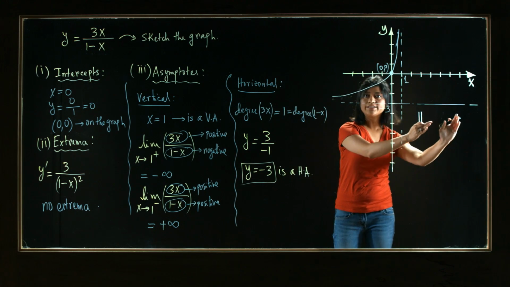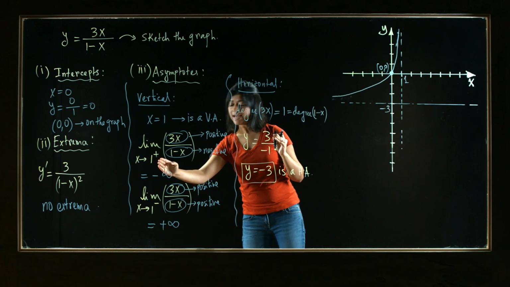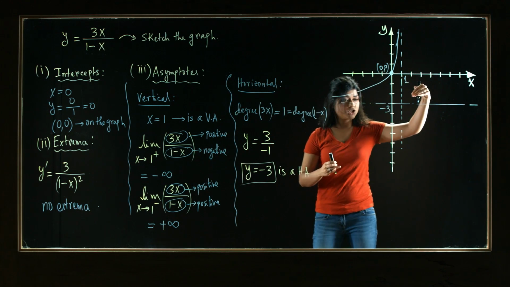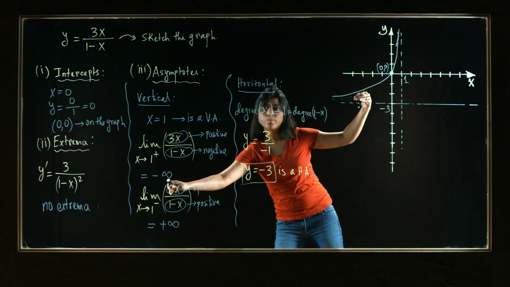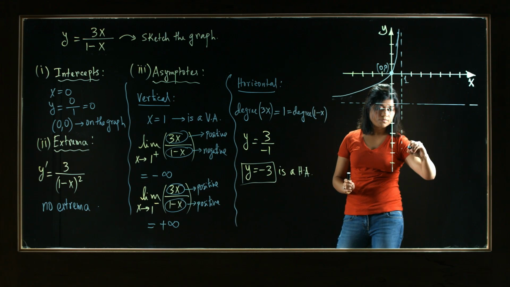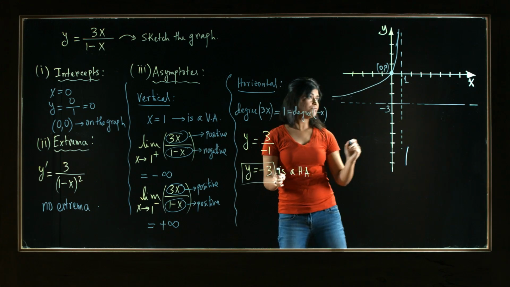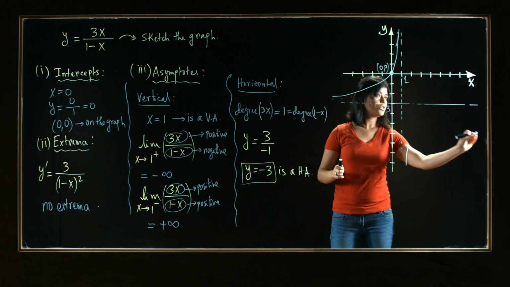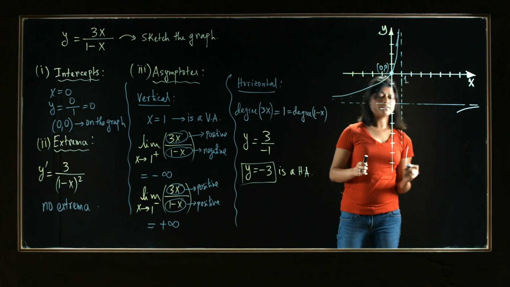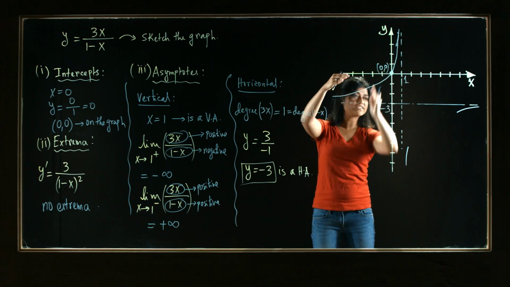Okay, let's consider the right-hand part now. Now look at this first limit. As x is approaching 1 from the right-hand side, the function is approaching minus infinity. So it's going down here. And again, negative 3 is a horizontal asymptote, so the function will be going towards negative 3. So it will be pretty symmetric to this side.